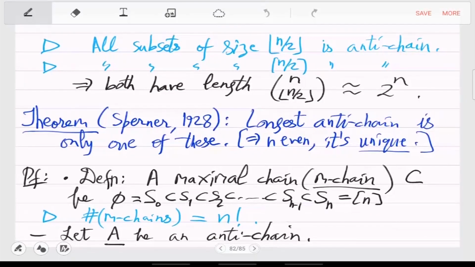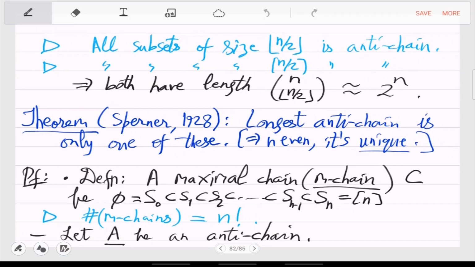and for this, so in the poset there are these 2 raised to n elements, basically all subsets, and let's take a maximal chain, which we call in short M chain. So we have counted this.